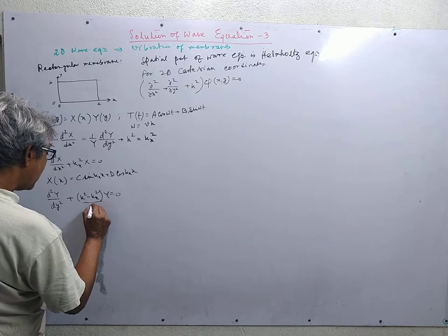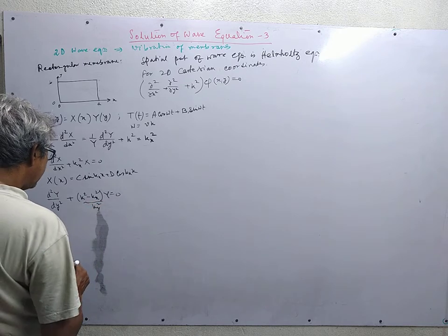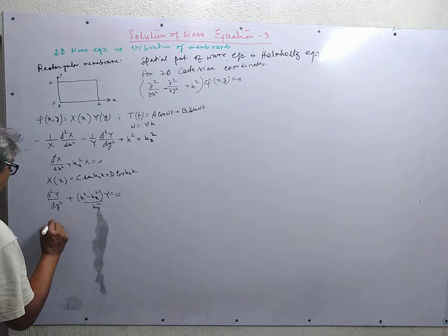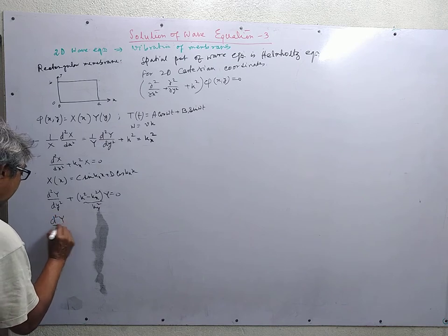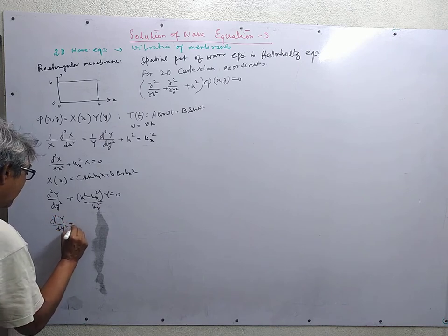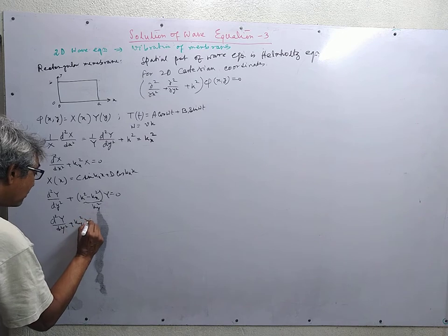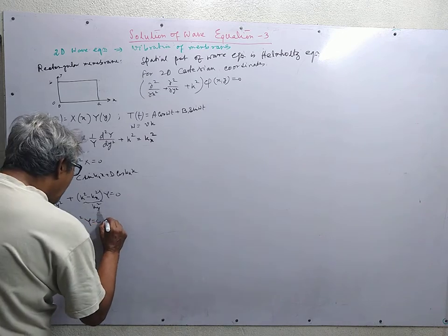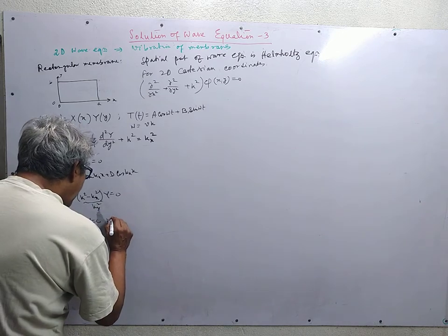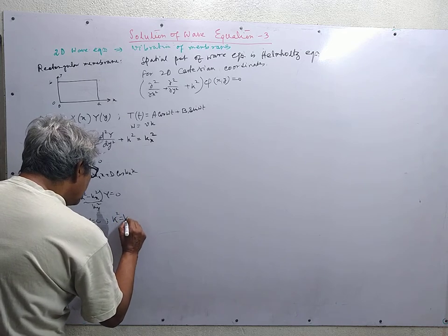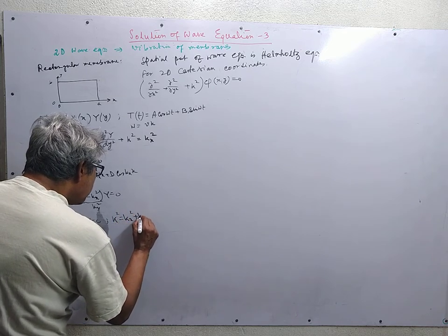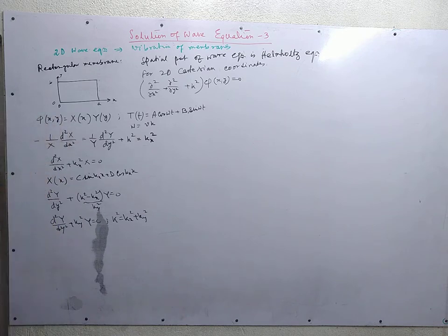We set it as ky square. So we have d2Y dy2 plus ky square Y is equal to 0, where k square is equal to kx square plus ky square.